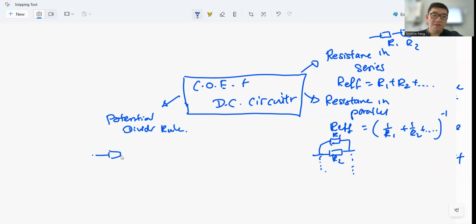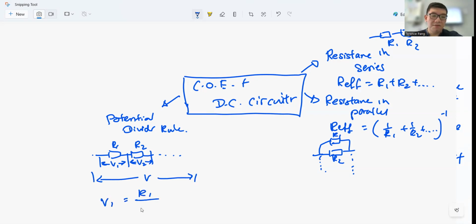If you have two or more resistors in series, this is V1, this is V2, R1, R2, and the total is V. Then V1 is equal to R1 over R1 plus R2 plus dot dot dot, multiplied by V.